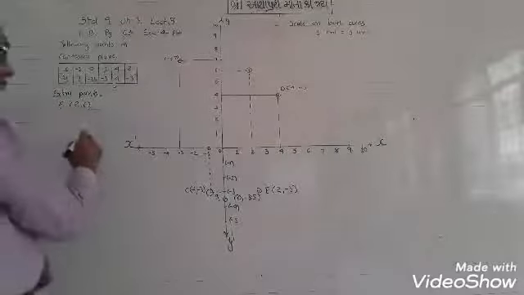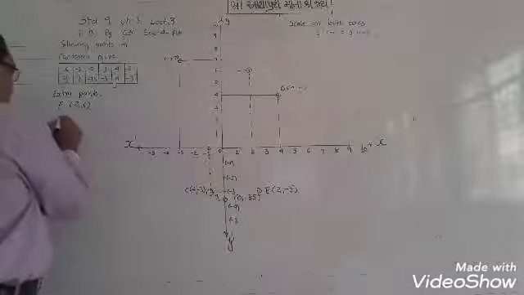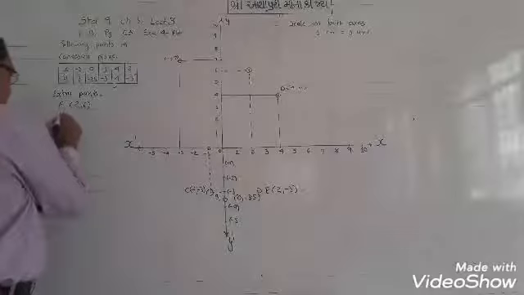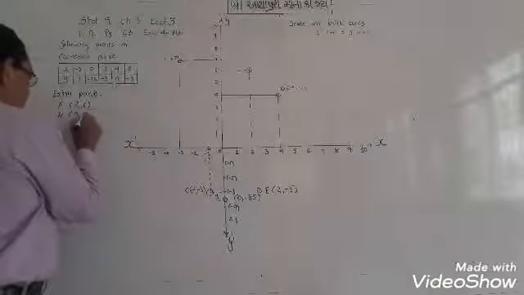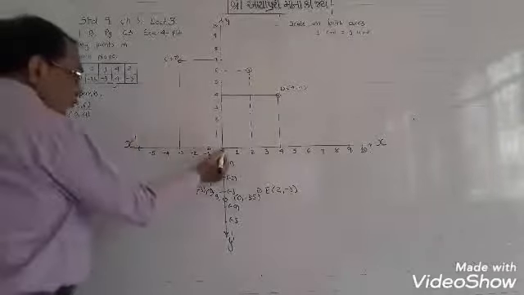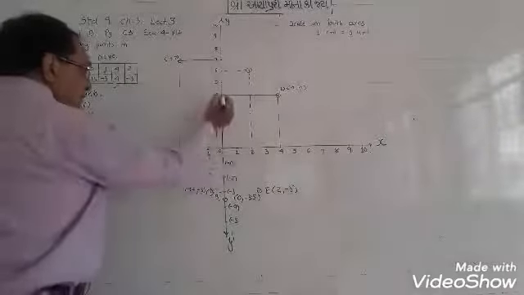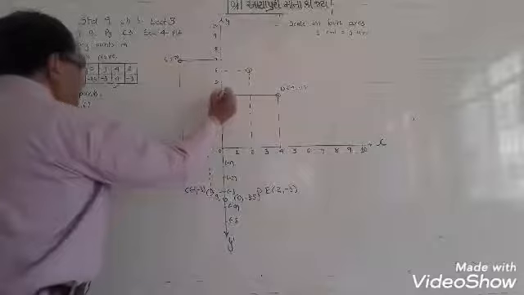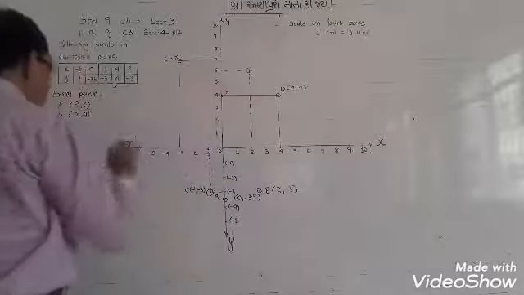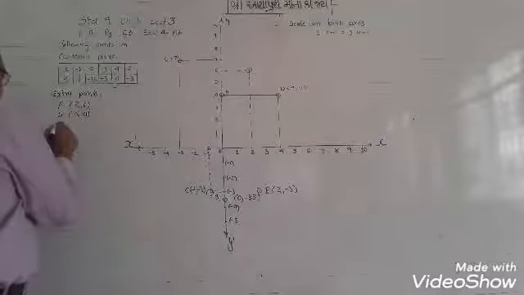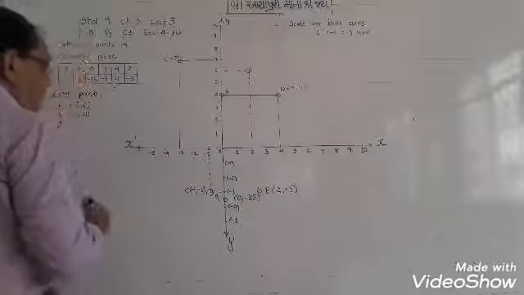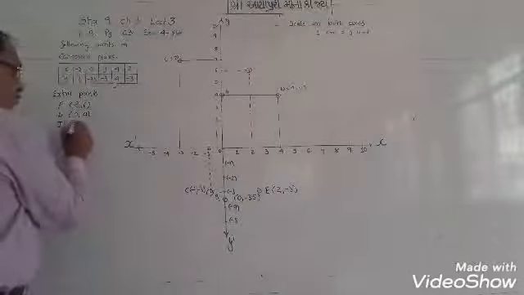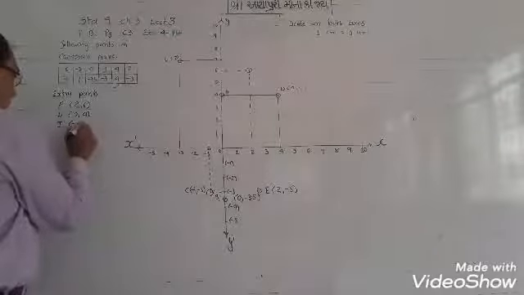Then H, I will take 0 and 4. Where is your 0? X, 4 is here. So this point is your H. Then I will take -2 and +3.